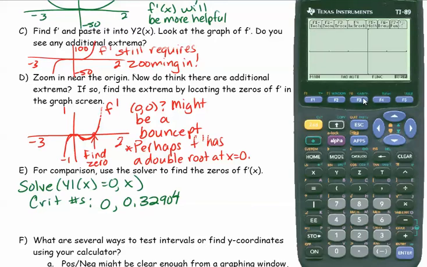So I might not see the loops completely, but let's see if we get a better picture this time. And so we can see even -1, +1 isn't real clear, but it certainly looks like this might be a bounce point at the origin, that our first derivative hits 0 but doesn't cross over.